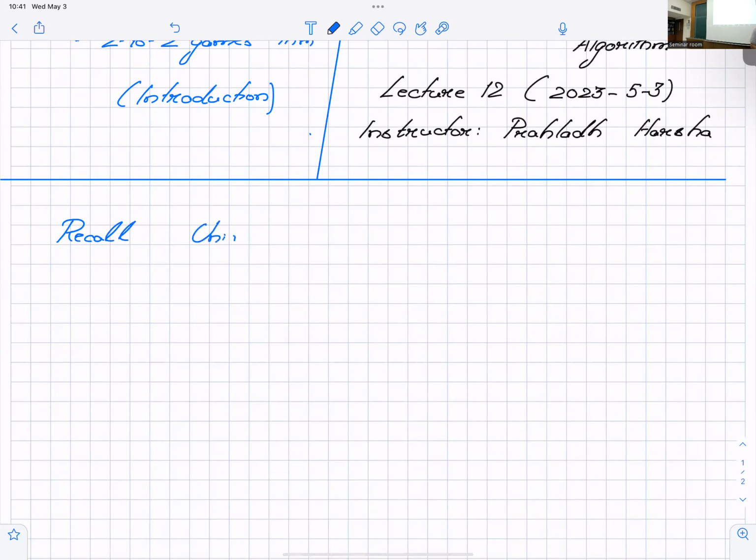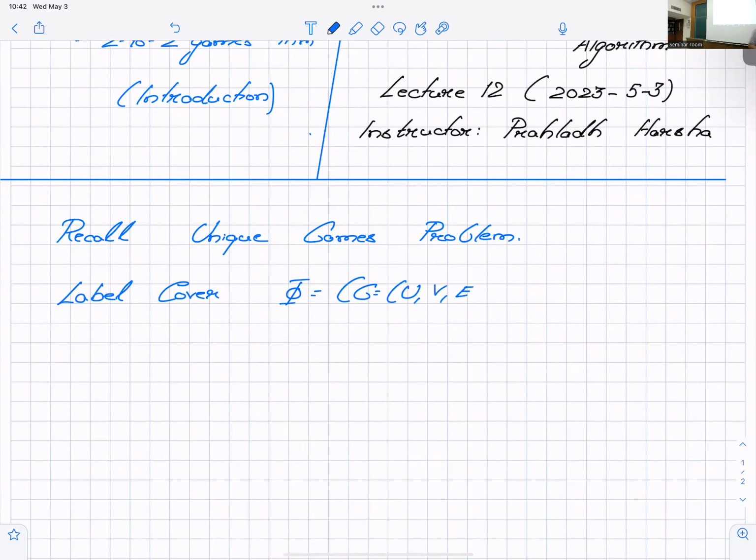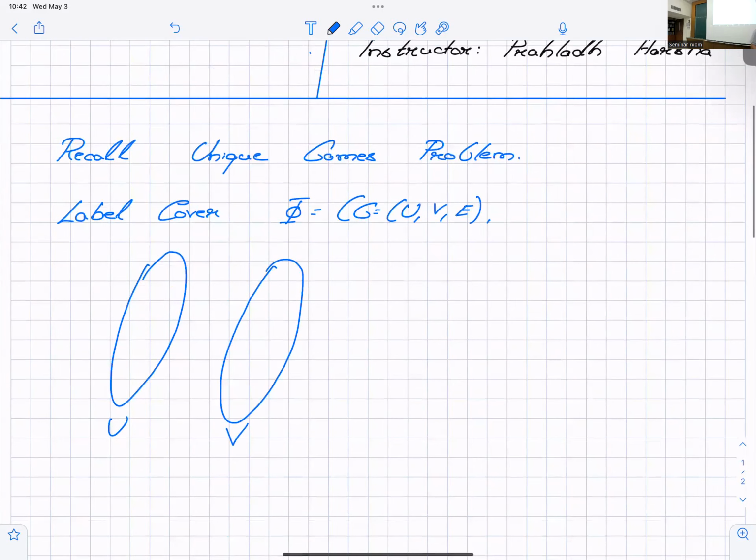Recall the unique games problem. This is the usual label cover instance phi, which has a bipartite graph (U, V, E), a label set sigma, and a set of permutations phi_e from sigma cross sigma for every e.